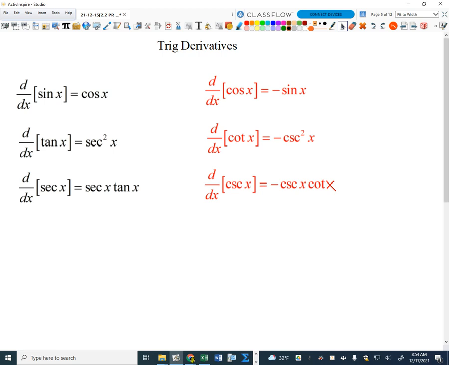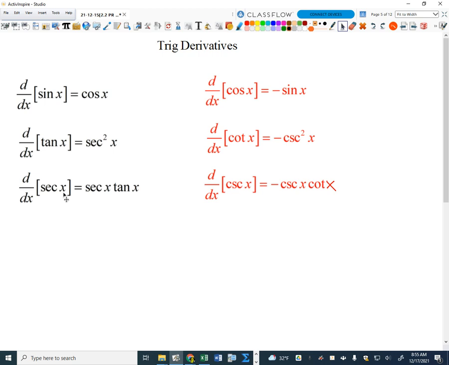The derivative of cosine gives us back sine, they just reverse each other. It gives us sine, but it's negative. If the derivative of tangent gives us secant squared, the derivative of cotangent gives us negative cosecant squared. See what it's doing? It's just swapping the secant for a cosecant, and it's making it negative.